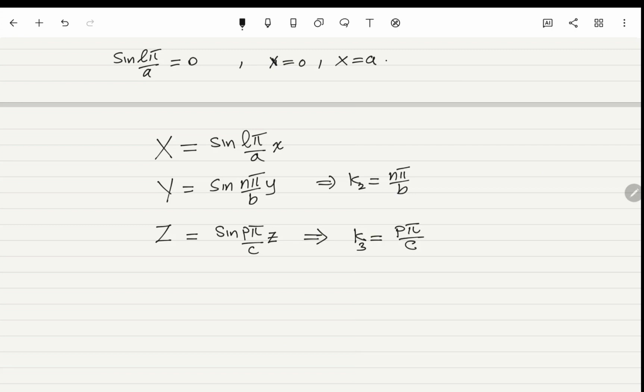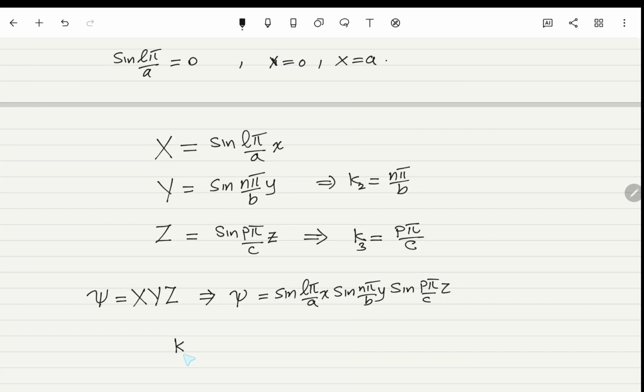Now remember, psi is equal to X Y Z, therefore psi will be equal to sine L pi over a x, sine n pi over b y, sine p pi over c z.